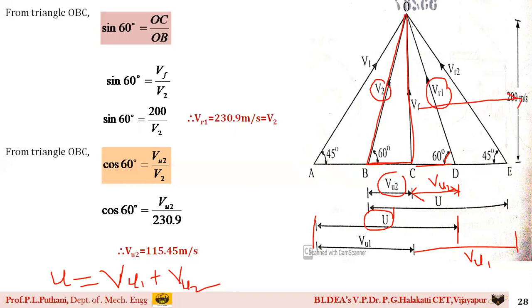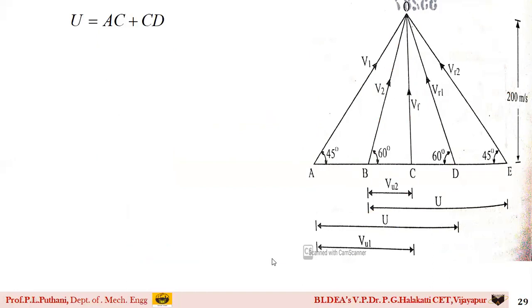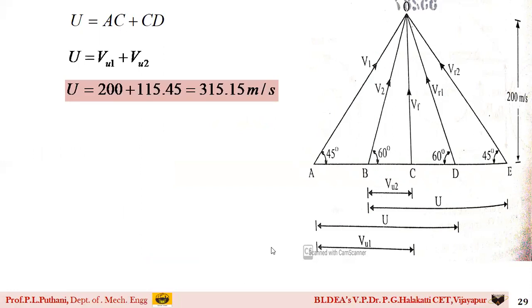If I add up VU1 here and VU2, I'll get the value of U. So U is equal to AC plus CD, and we get the value of U as 315.15 meters per second.